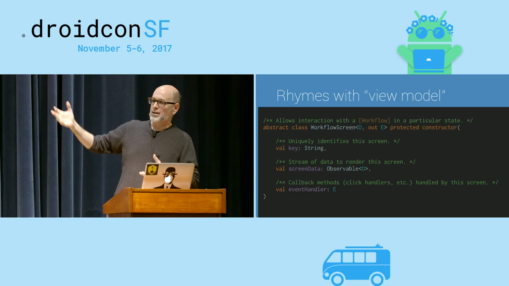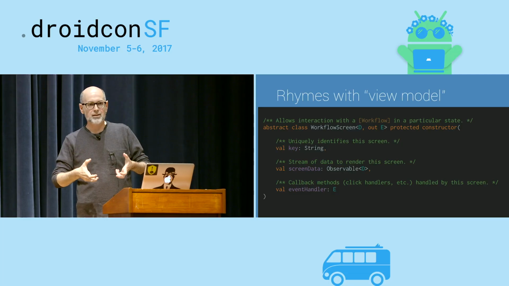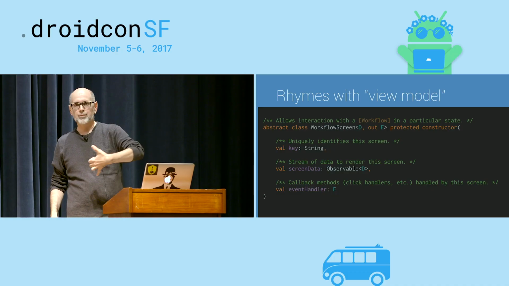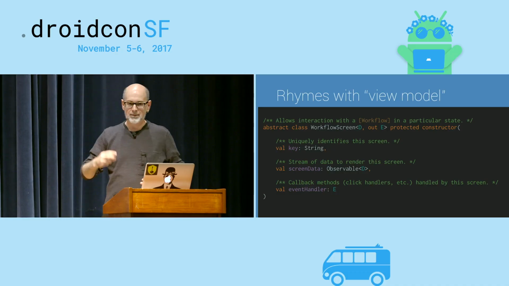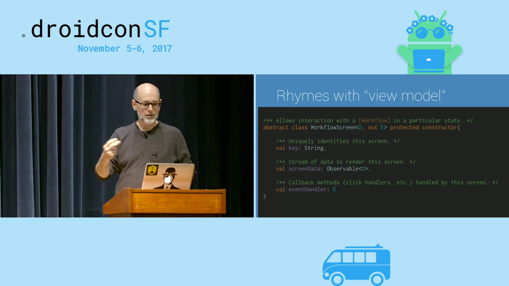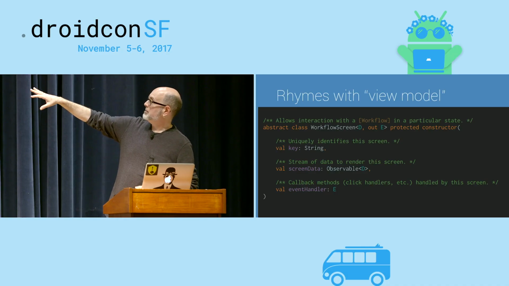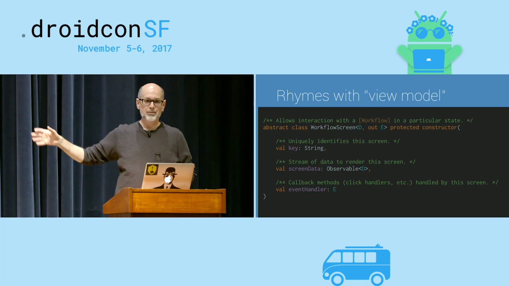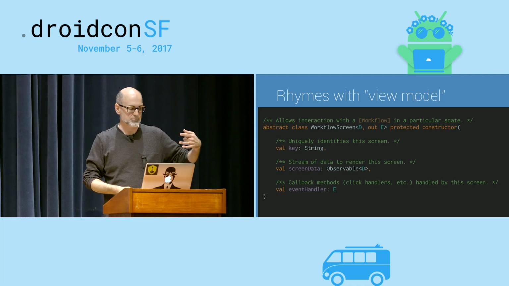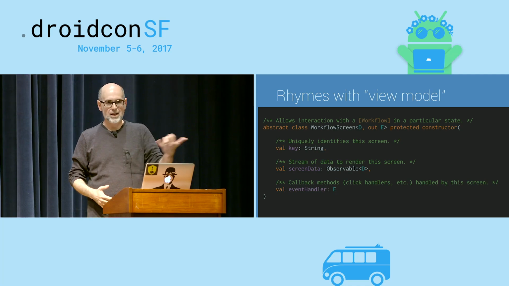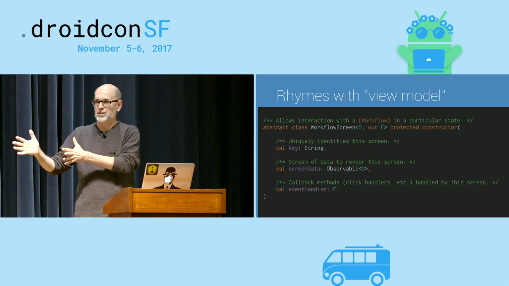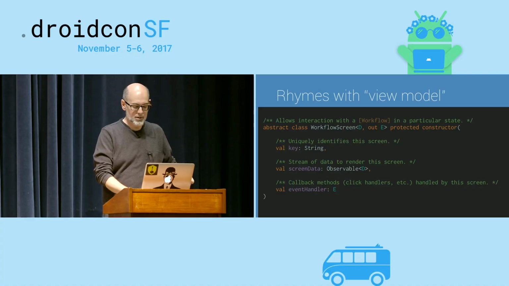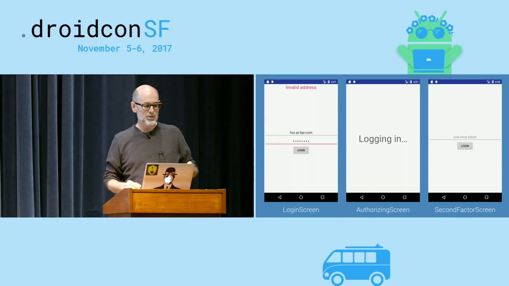Screen data is an immutable object again that provides all of the information necessary to render this particular piece of your UI, and then updates as things need to change in front of your user. And then finally, the workflow triple exposes an event handler of some type, an interface that defines all of the events that we can expect to handle, all the button clicks, all of the text entry, that kind of a thing. The full contract for this particular screen of your app. So getting less abstract.